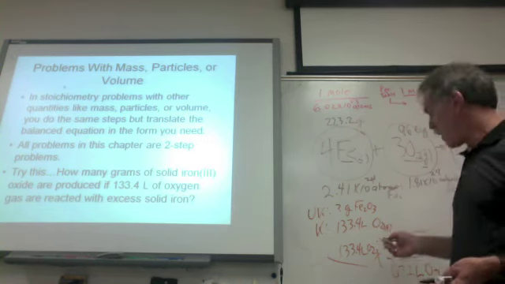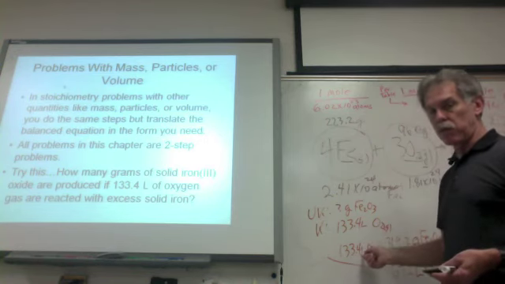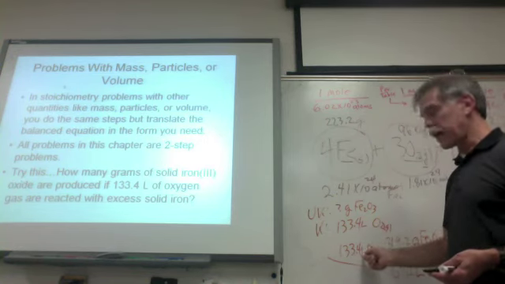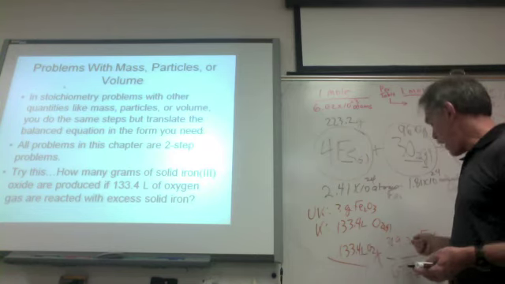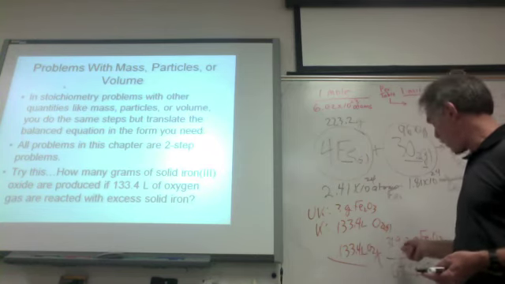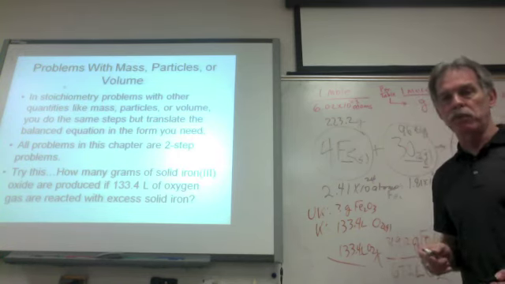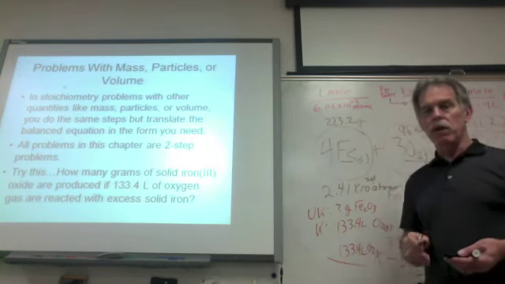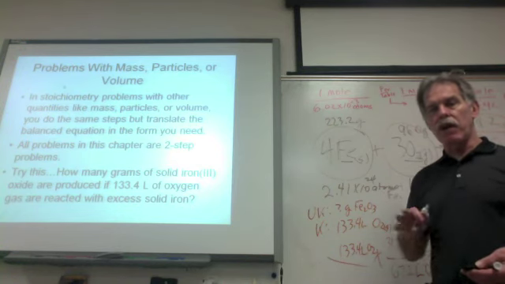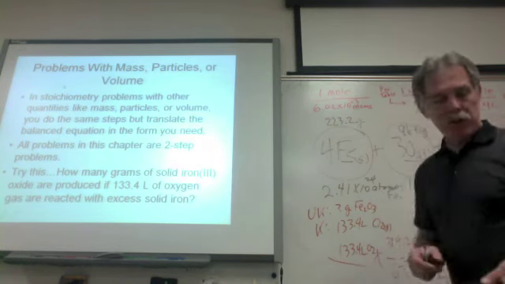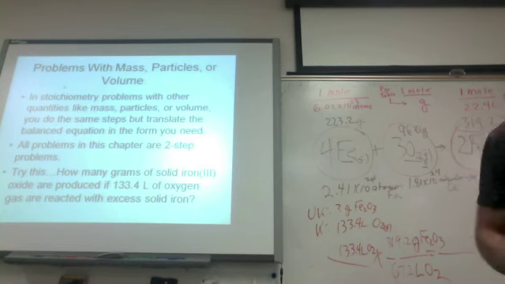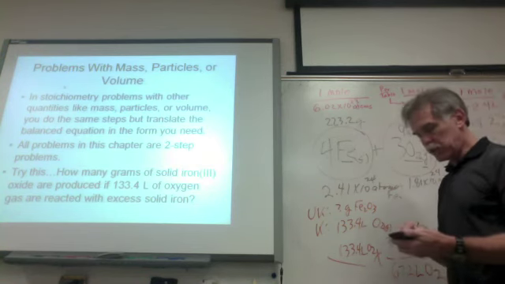Now we do the math on this. So what we have is 133.4 liters of oxygen, that's our known, times 319.2 grams of Fe2O3 divided by 67.2 liters of O2. When we do that, we divide all that out. I'll punch it real quick so you know the right answer. I would work it and punch it in on the calculator.